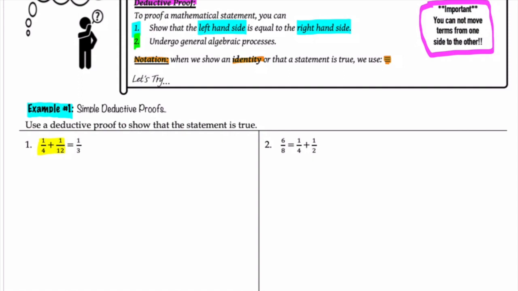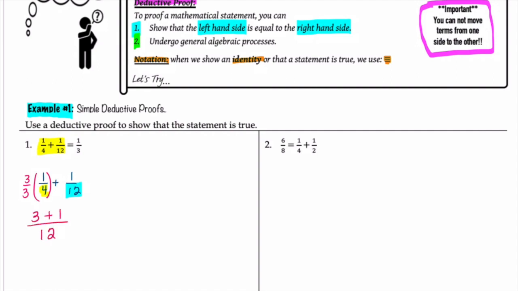I know that if we need to add fractions together, we need a common denominator. In this case, I want to change that denominator 4 to have a denominator of 12. And how am I going to do that? By multiplying 3 on top, 3 on bottom.